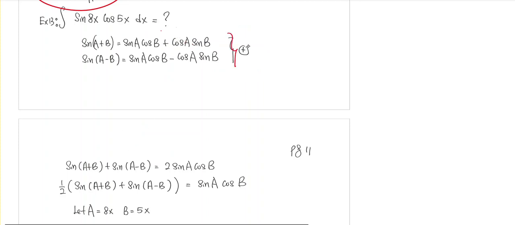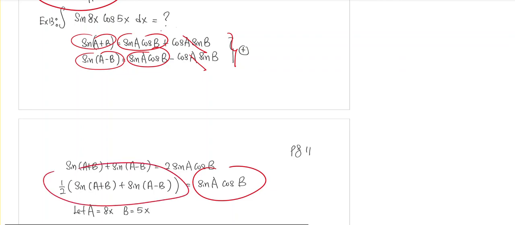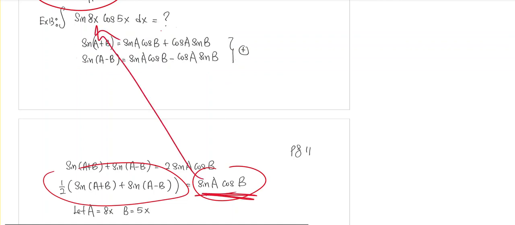If you add these two equations together, these two will cancel, and then this plus this is 2 times sine A cosine B, which means that sine A cosine B is one half of this.